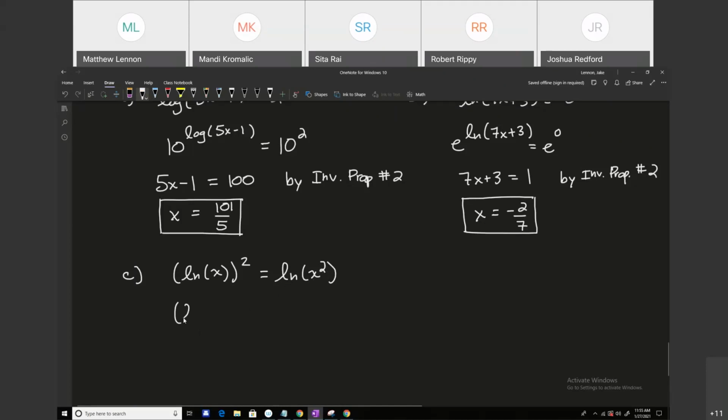So essentially I can write this as the natural log of x squared, and then this will equal 2 times the natural log of x. So this is by log property number 3. And then what you can do is subtract 2 natural log of x from both sides to get everybody on one side.